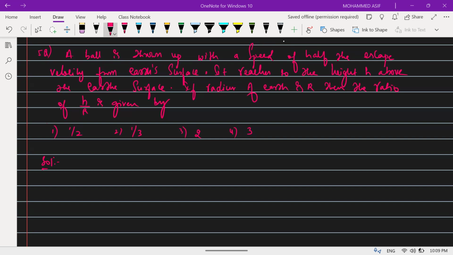If the radius of the Earth is capital R, then the ratio of h by r is equal to how much? Use law of conservation of mechanical energy beta.